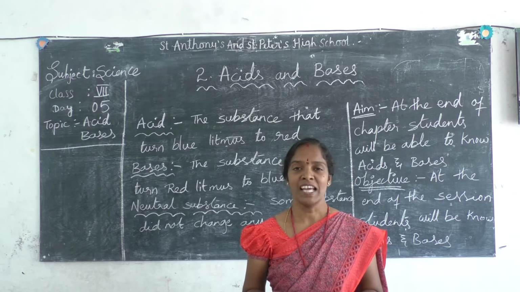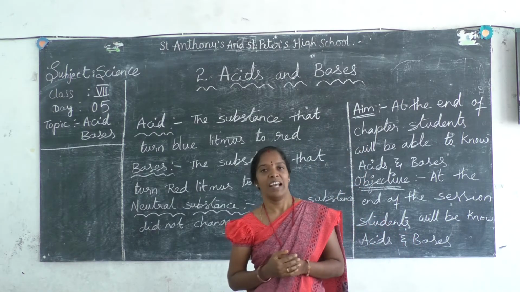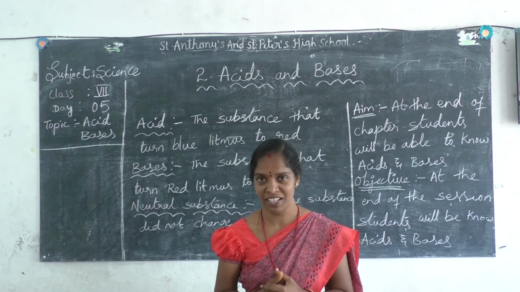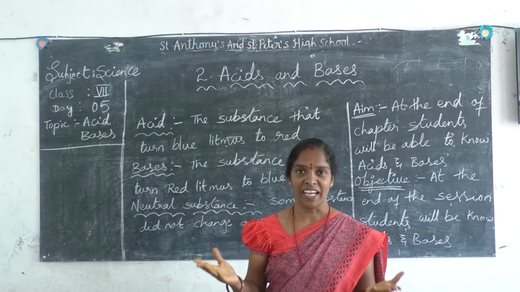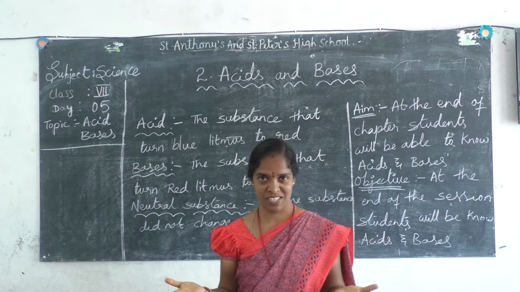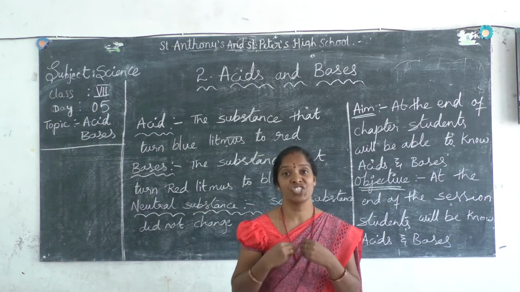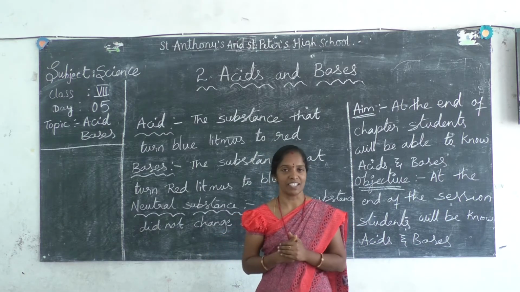In the last session, what did we do? We learned about the indicators. Am I right? What is an indicator? An indicator is a substance which changes color when some other substance is added to it.